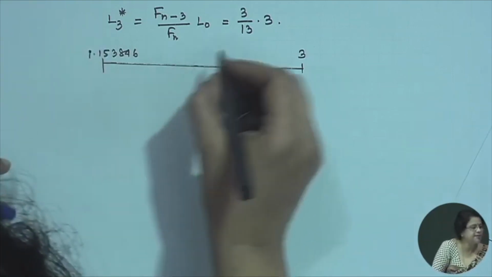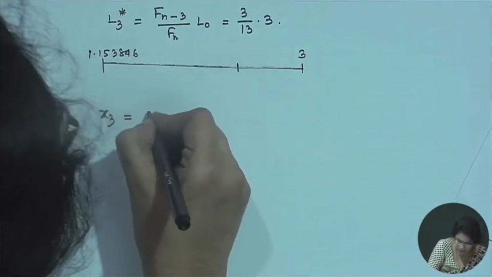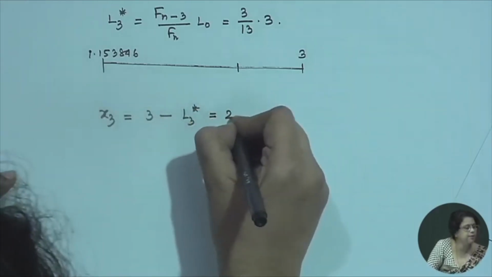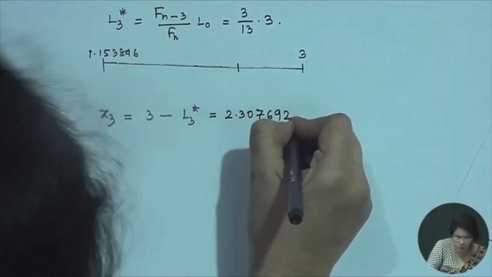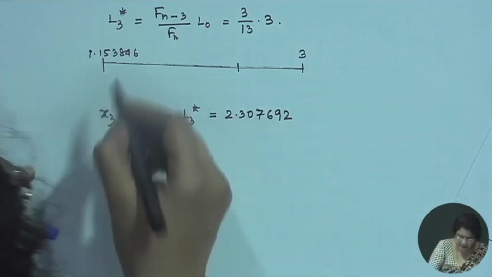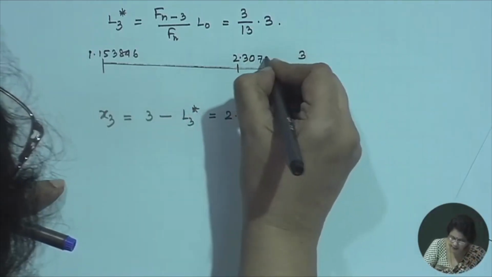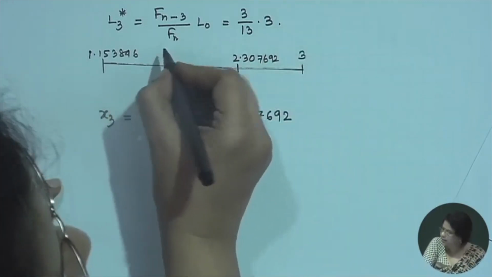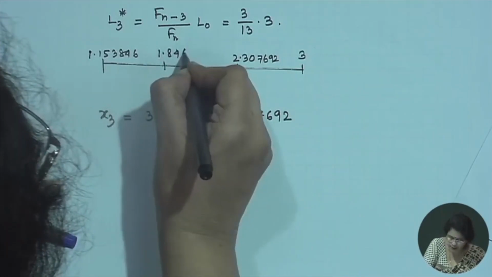Very nicely, I will see that the new value x3 will come as 3 minus L3 star. This value will come as 3.07692, and the other is 2.307692, and previously I was having another point that was 1.846164.